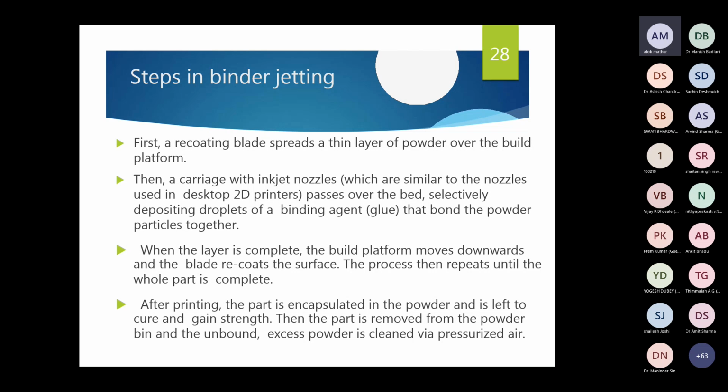After printing, the part is encapsulated in the powder and left to cure and gain strength. Then the part is removed from the powder bin and the unbound excess powder is cleaned off via pressurized air.